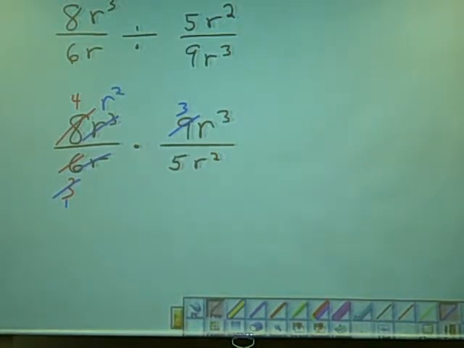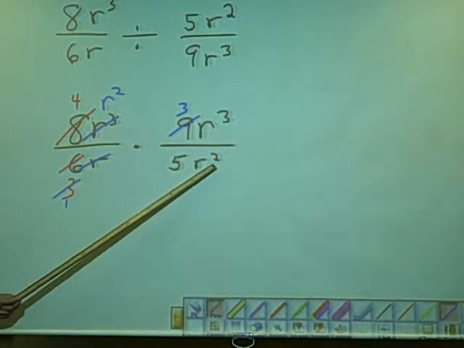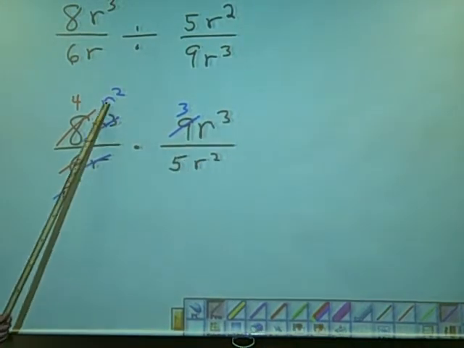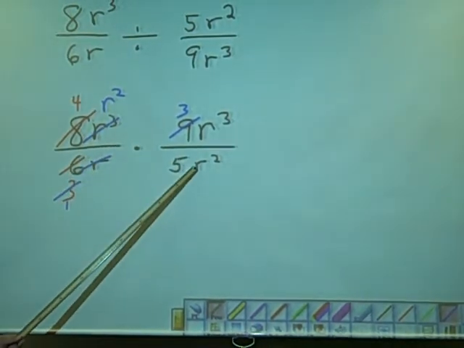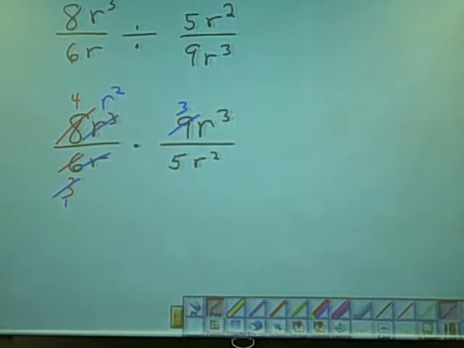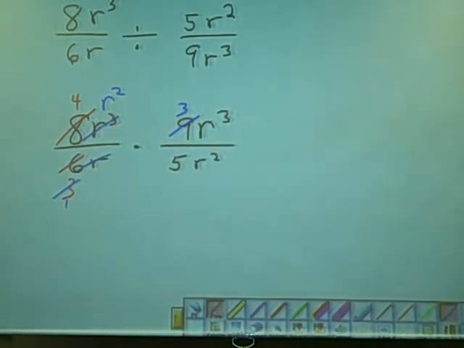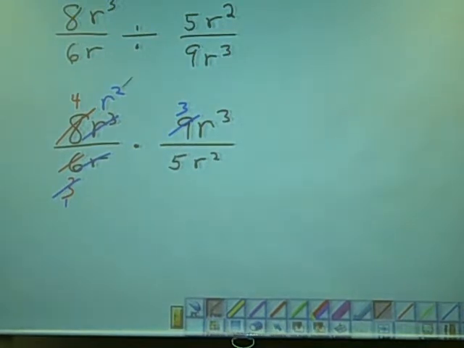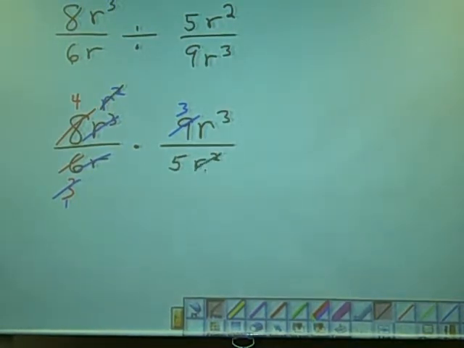And we also know that r squared, that can cancel in r cubed, or you can just cancel these two r squares here. And so we'll just cancel these two r squares. They go into each other once.